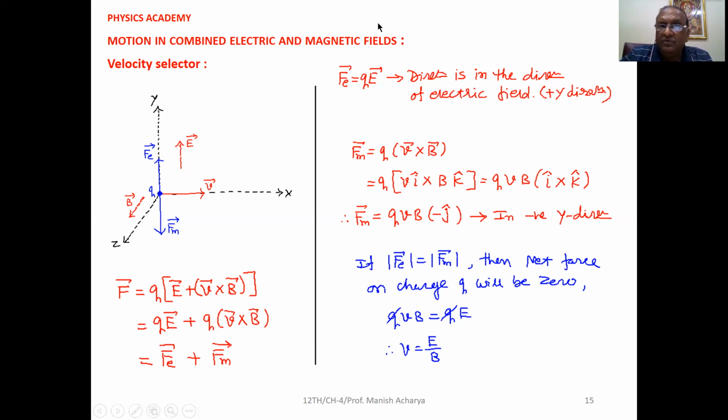Clear to all of you? Cyclotron. Cyclotron is the device which is used to accelerate the charged particle, right? And it works on the principle which we discussed in the previous theories.